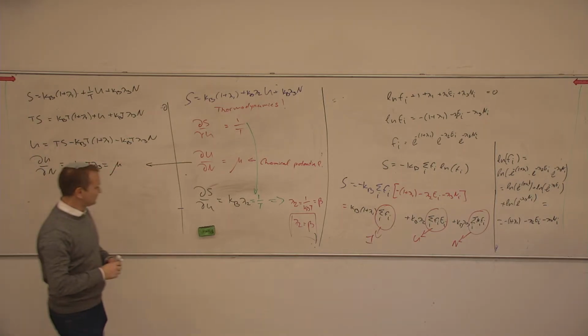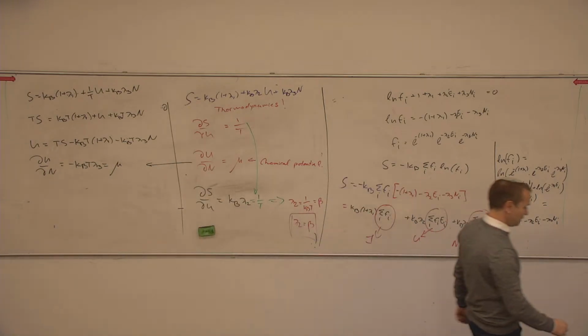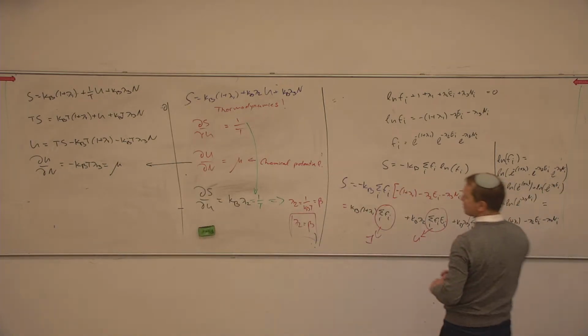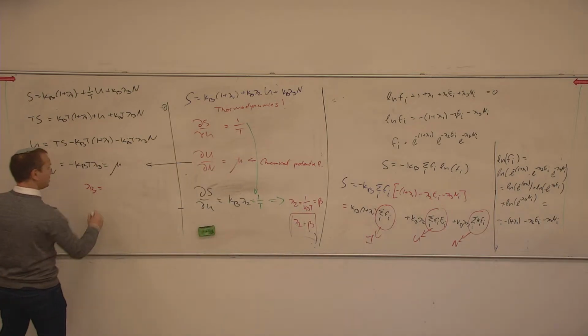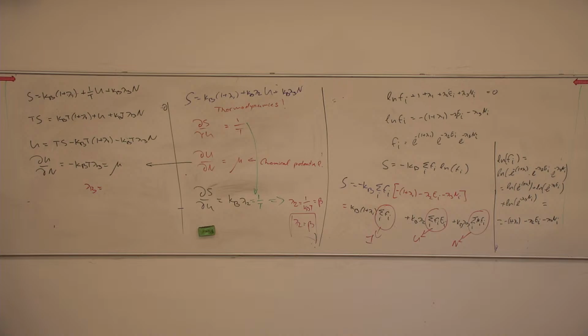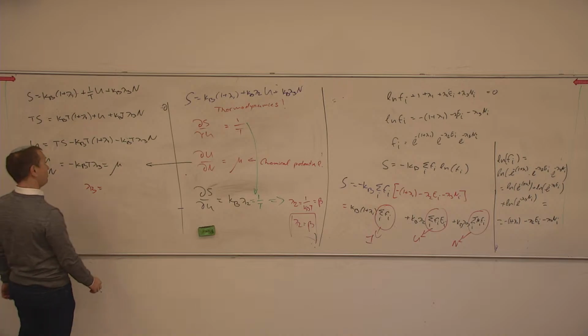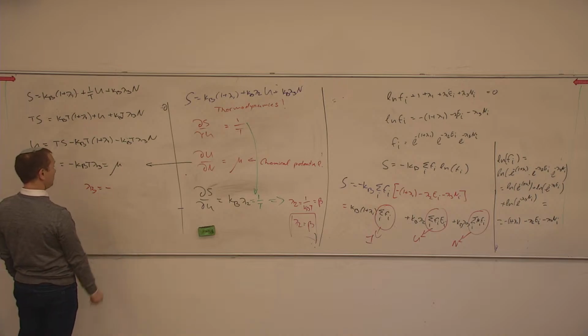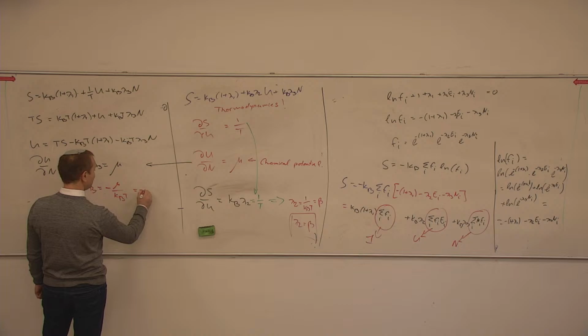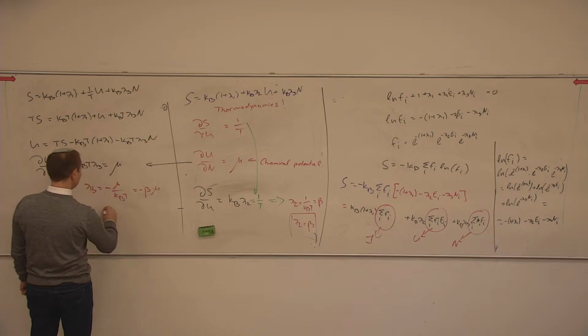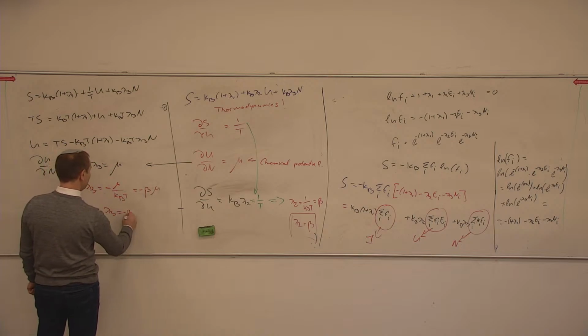Right? So we obtain that lambda 3 equals minus mu divided by k Boltzmann T, which is minus beta mu. So lambda 3 equals minus beta mu.